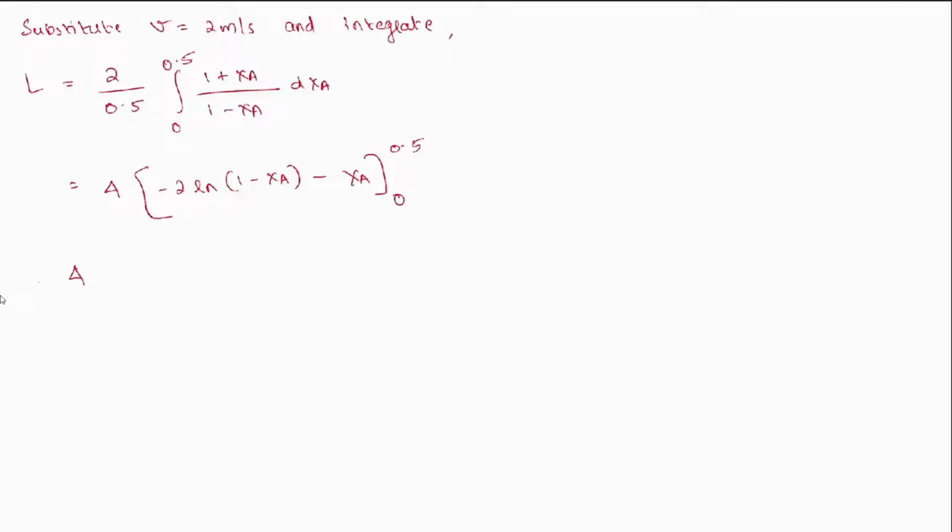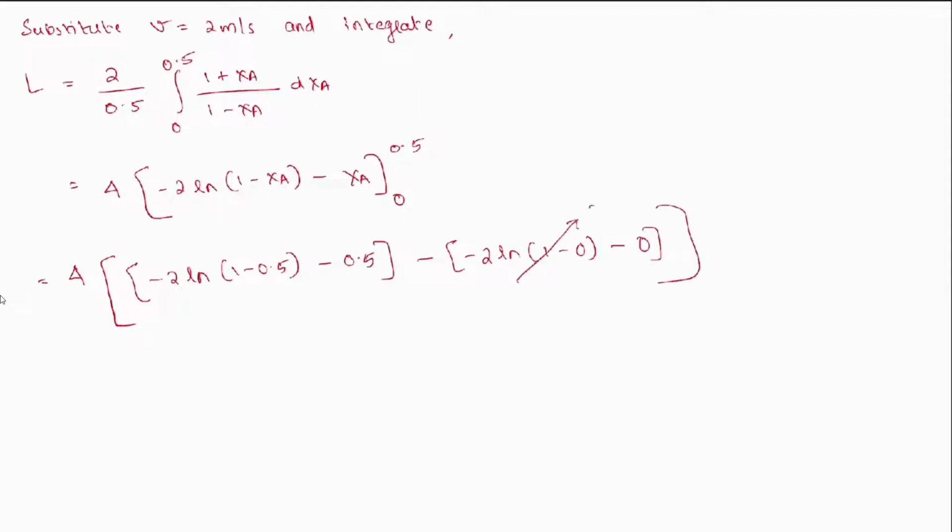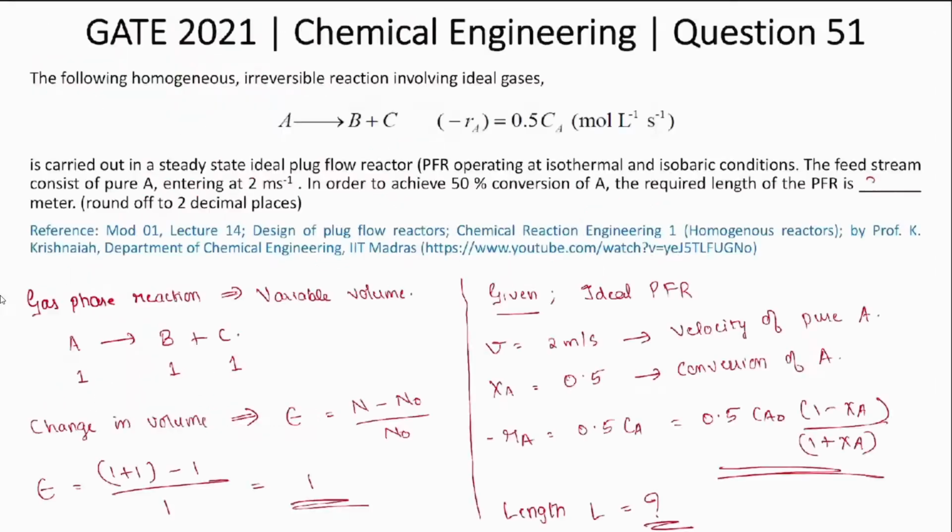And now we just have to apply the limits here and solve for this expression. So now applying these limits 0.5 and 0, the 0 limit will become 0, and just find the value for this expression, and we'll get the final answer L as 3.54 meters.